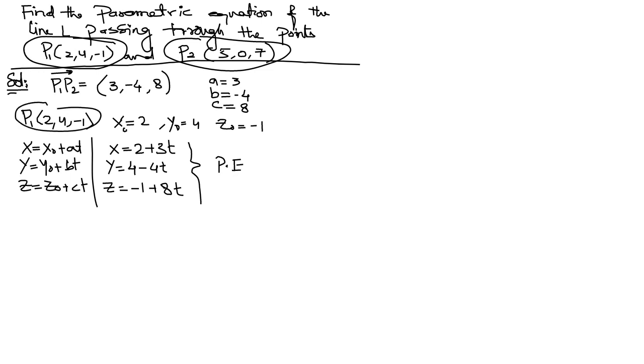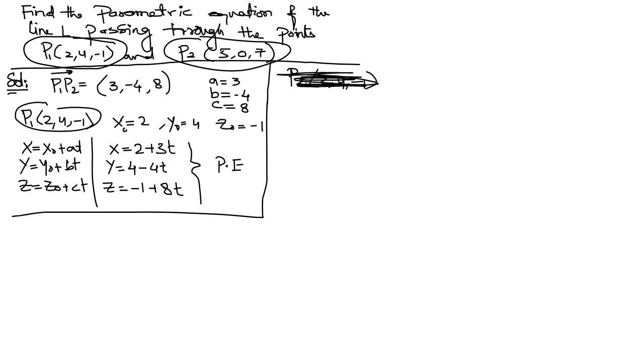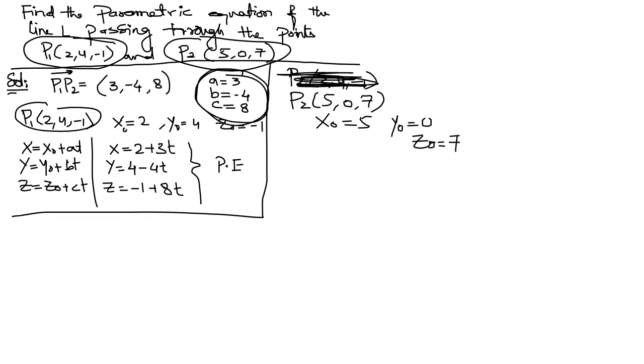Okay. Similarly, if I choose the second point, P2, which is (5, 0, 7), that means x naught is equal to 5, y naught is 0, z naught is equal to 7. Okay, a, b, and c remain the same.